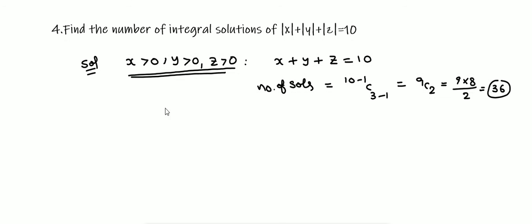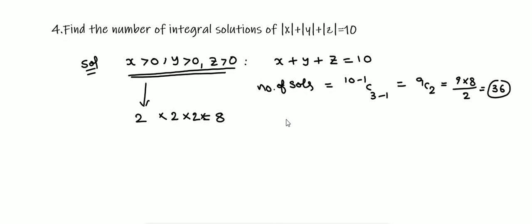So x can be taken in two ways, y in two ways, z in two ways, positive or negative. So 8 possibilities. For each of these solutions, you will get 8 possibilities to get the solution set.